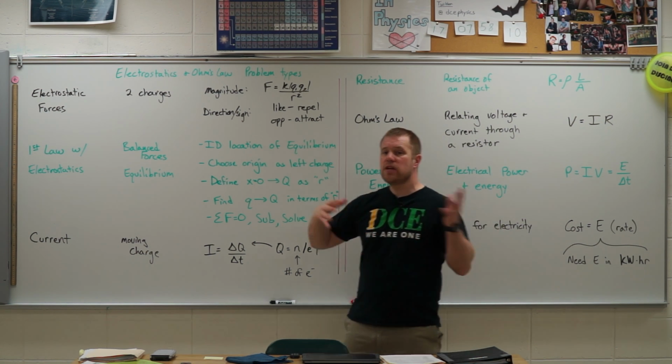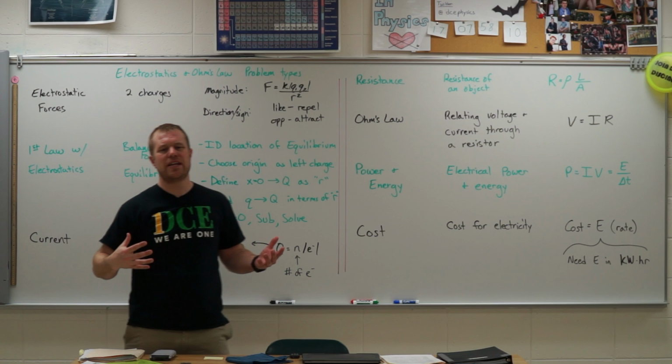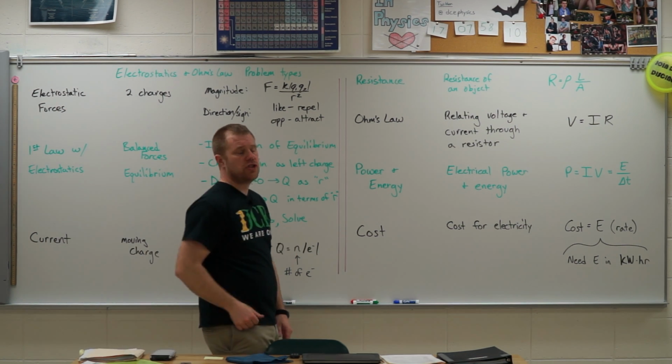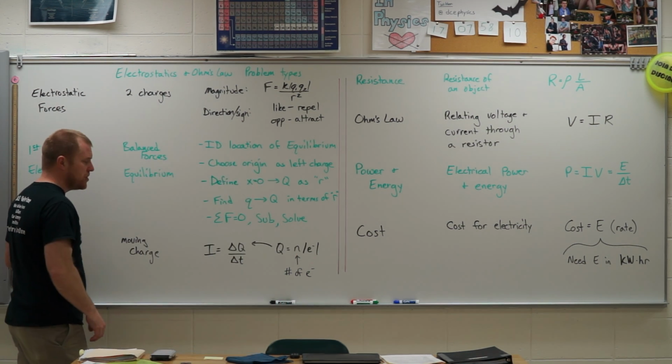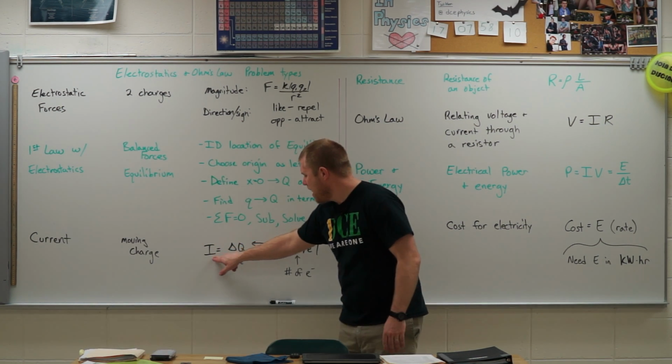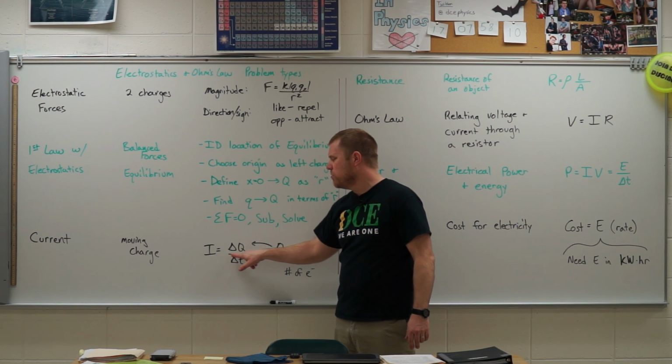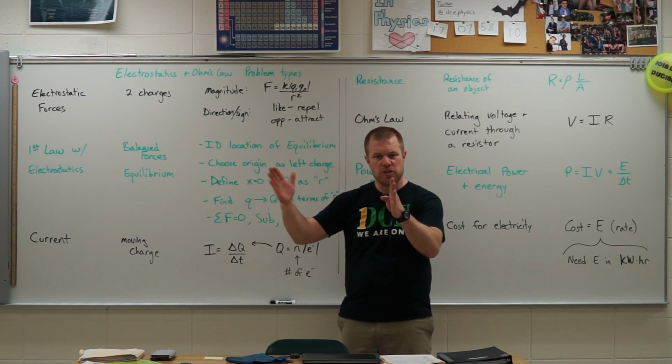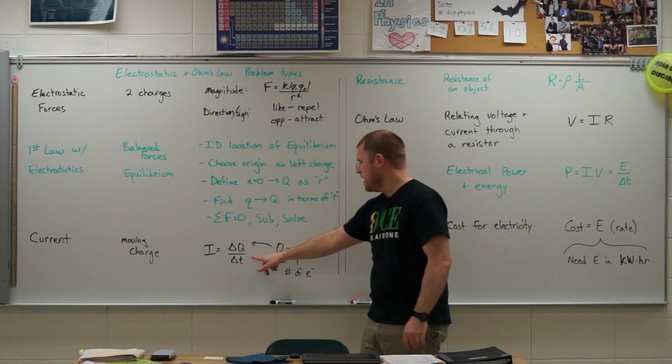All right, now moving away from those electrostatic forces and into the movement of charge, we're going to be doing current. Current is whenever we're moving charge. The equation for current is that current, this I value, is equal to how much charge I moved in how much time. So how much charge moved past a point in a wire in a given amount of time.